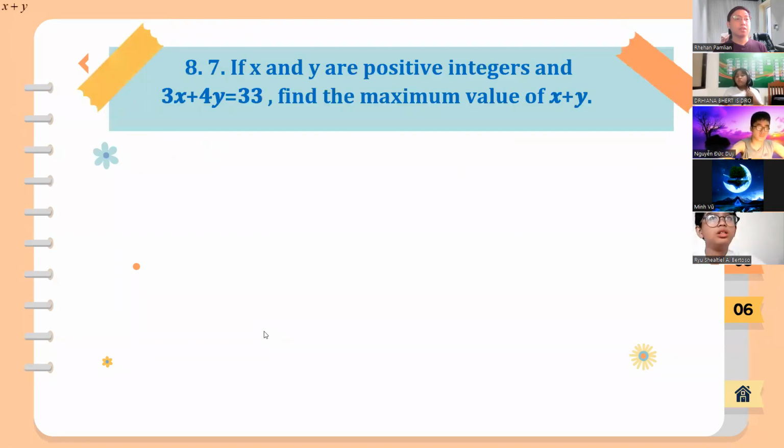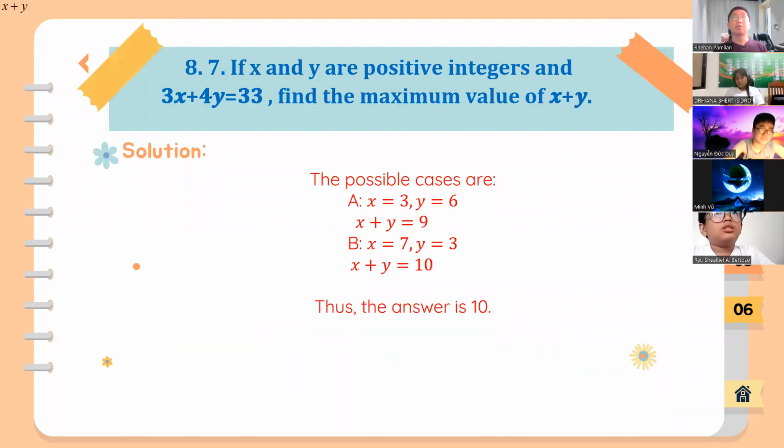So let's proceed now with our number 8 problem. In this case, you just need to find the possible cases. What you're doing here is trying possible values. So possible cases would be if you pick your x. So when you start choosing x from 0 to 9, it should be 33 in total, correct?